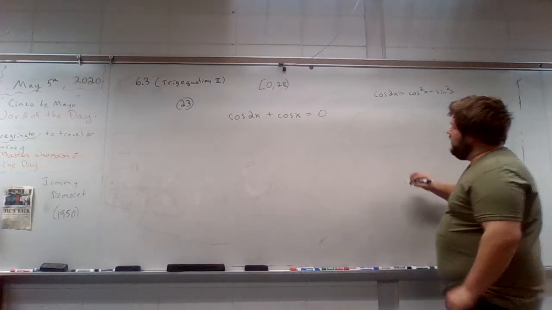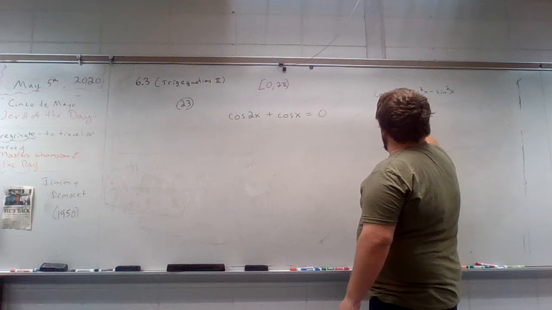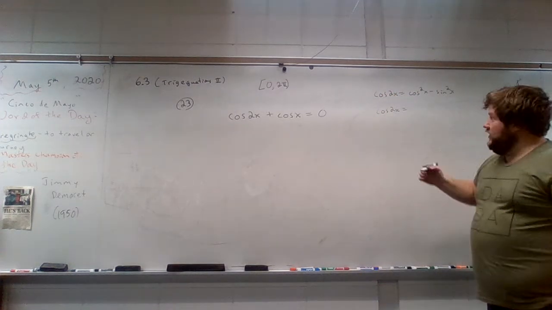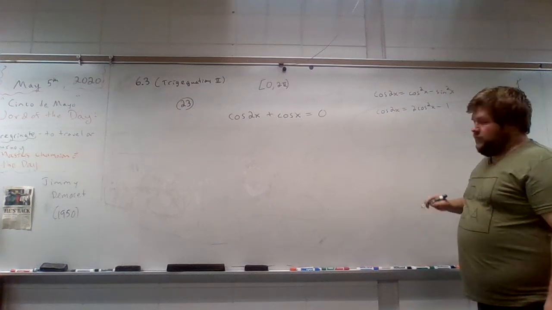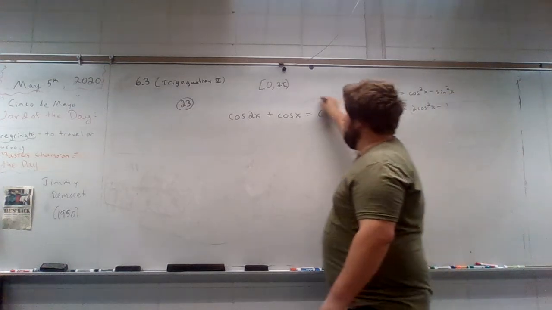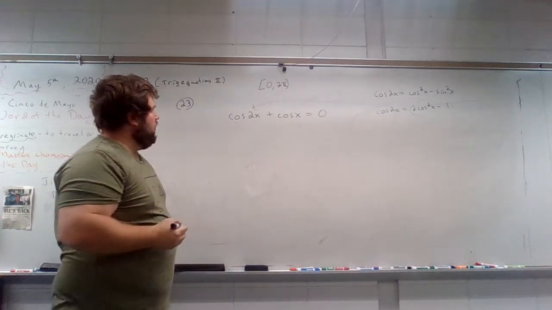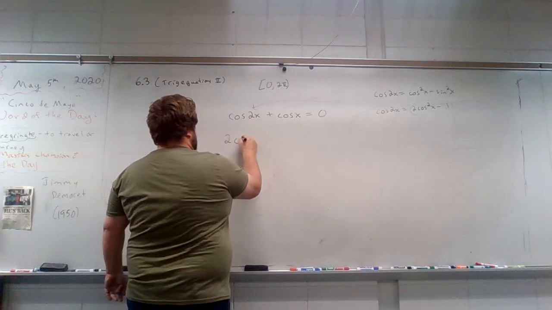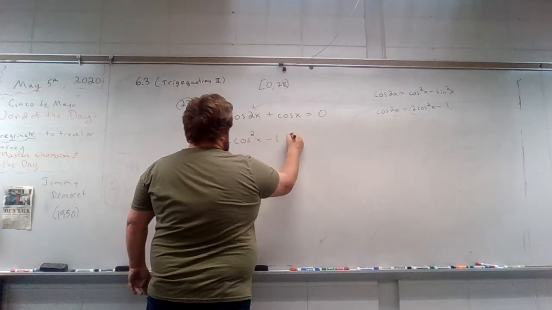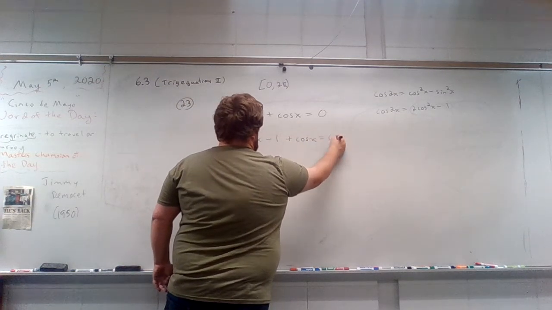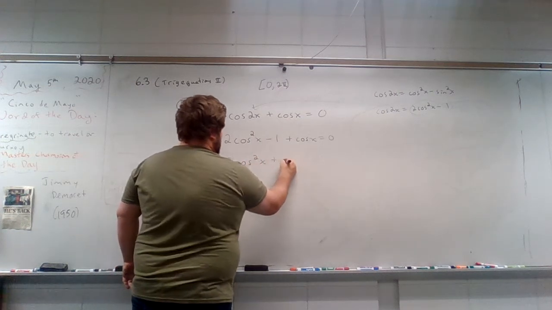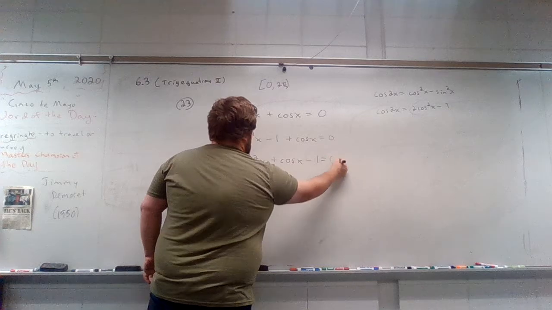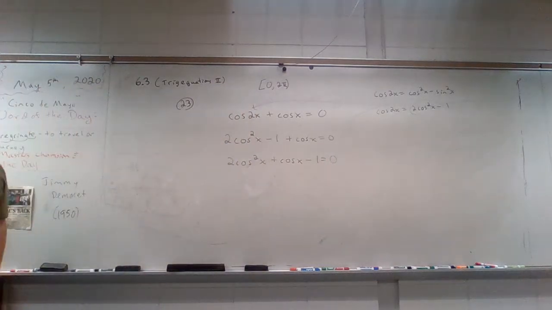Okay, so the convenient one to use here is that the cosine of 2x was 2 cosine squared x minus 1. So I use that particular substitution. Okay, so I get 2 cosine squared x minus 1 plus cosine x. Of course, I would rather write it as 2 cosine squared plus cosine minus 1. And then the goal is to factor that, if at all possible, right?